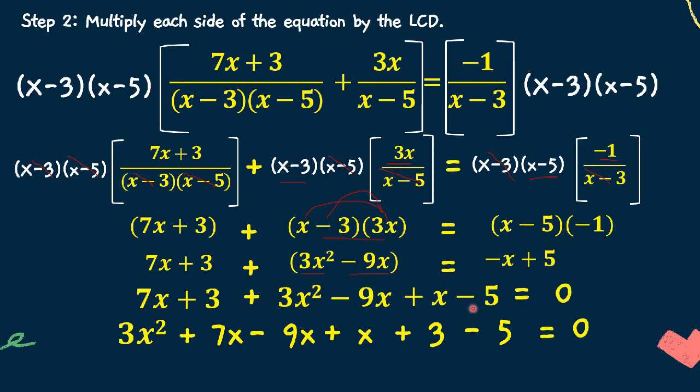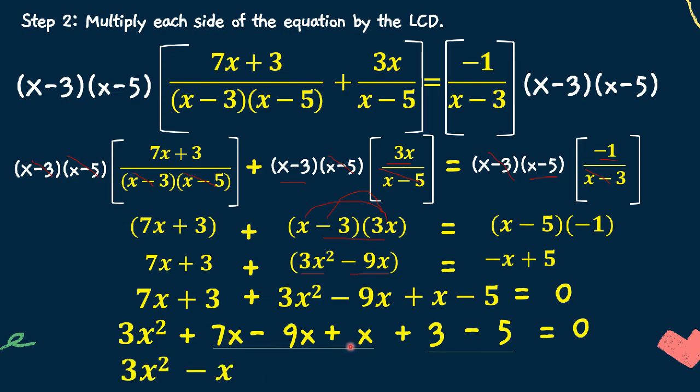If you have mastered this, you can go directly to the final answer without this step. So we simply bring down 3x squared, and we have the like terms 7x minus 9x plus x.